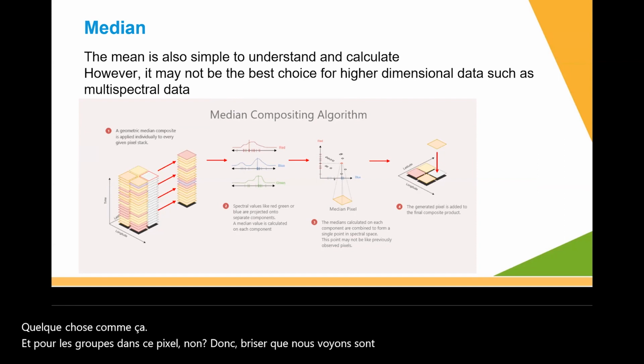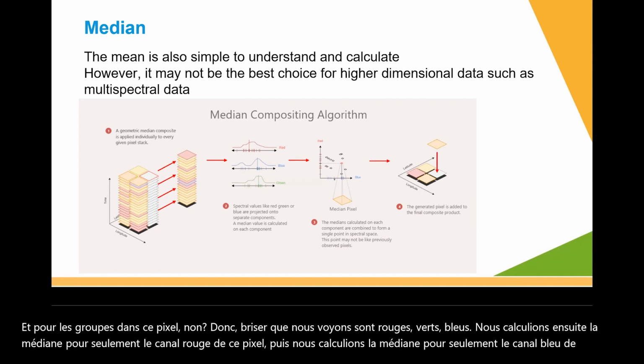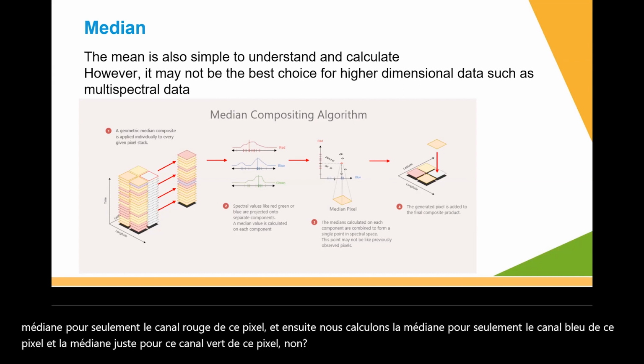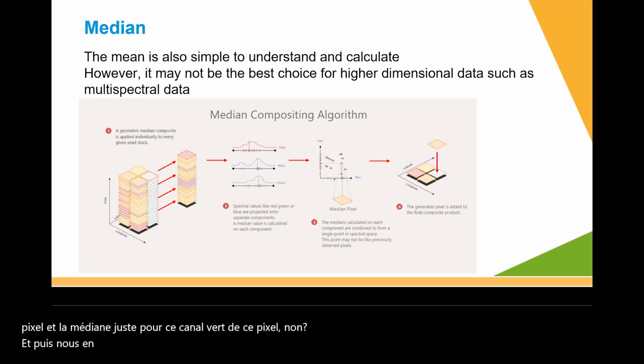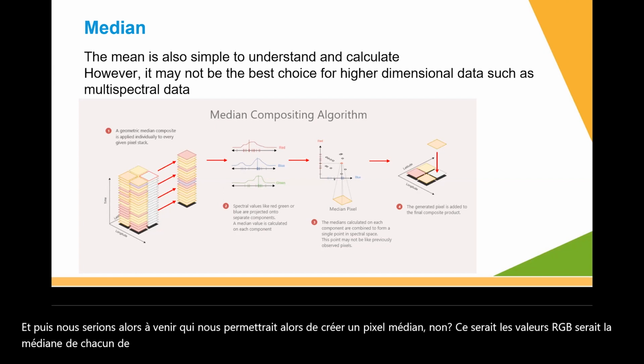We would then calculate the median for just the red channel of that pixel, and then the median for just the blue channel of that pixel and the median just for that green channel of that pixel. That would then allow us to create a median pixel. The RGB values would be the median of each of their representative channels. And therefore, we have our median pixel, and then we can place it in our composite.